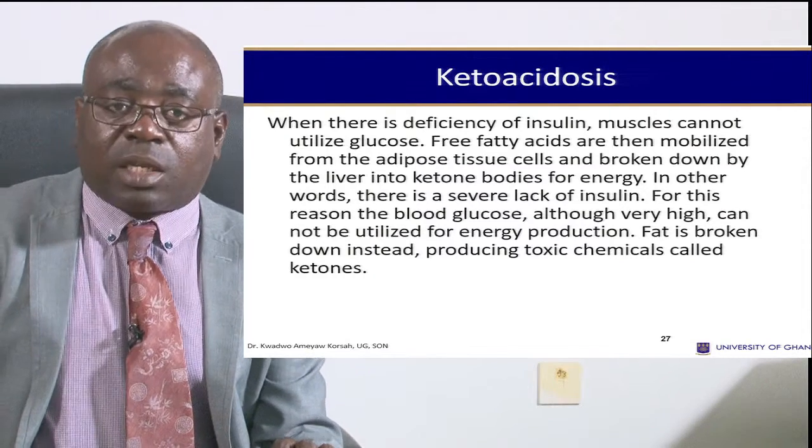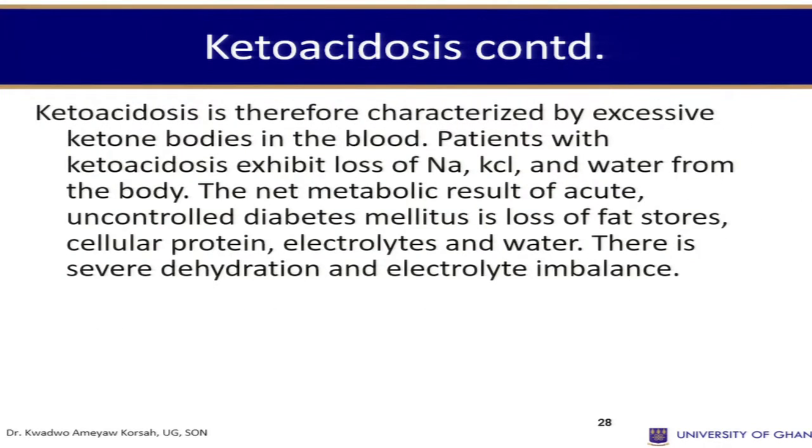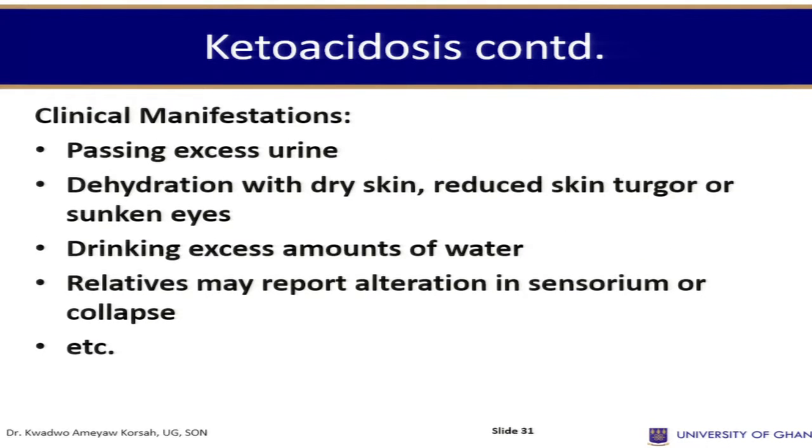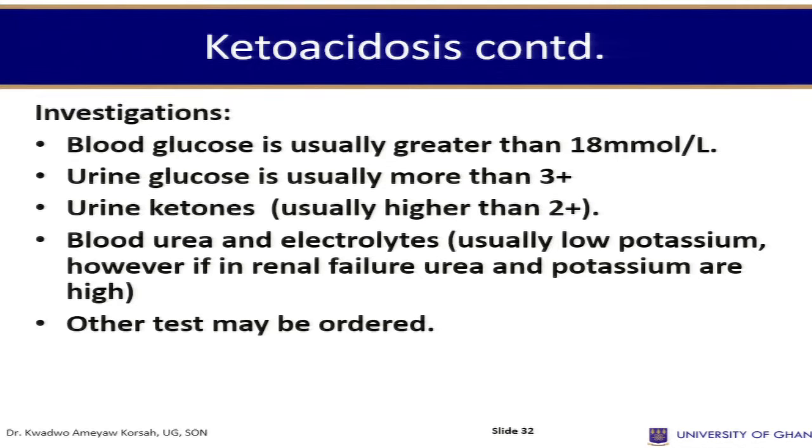I want you to look at ketoacidosis yourself and take your readings from the courses we have provided. The clinical manifestations associated with ketoacidosis are not similar to the other major manifestations that we have already identified.